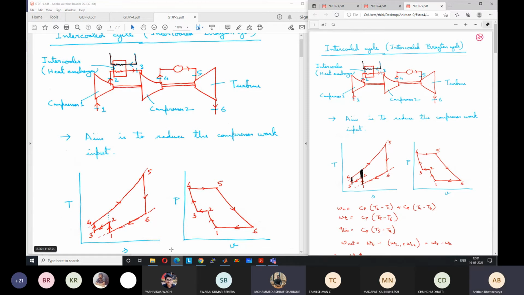Correct. Yes, good. The same change of pressure occurs in both the compressor and turbine, but because the turbine process is much further towards the right hand side in the TS diagram, for the same pressure change, the temperature difference is higher. So for the same change in pressure, higher changes in temperature differences and enthalpy changes will occur.